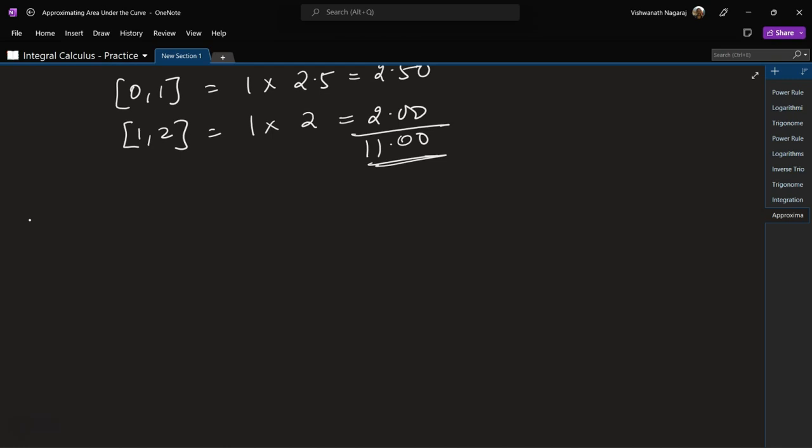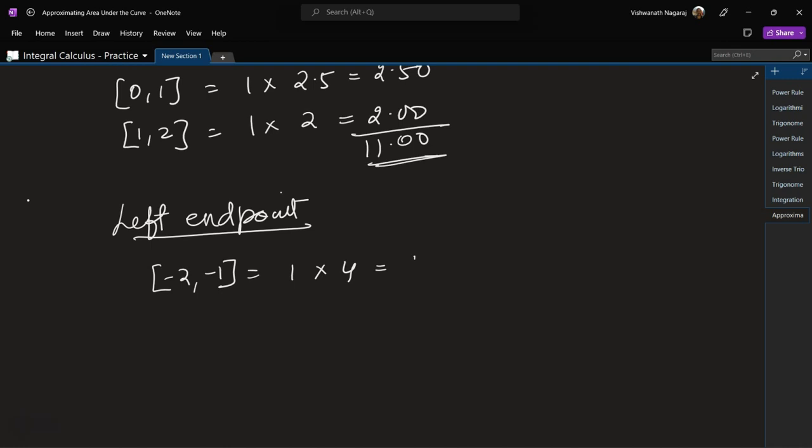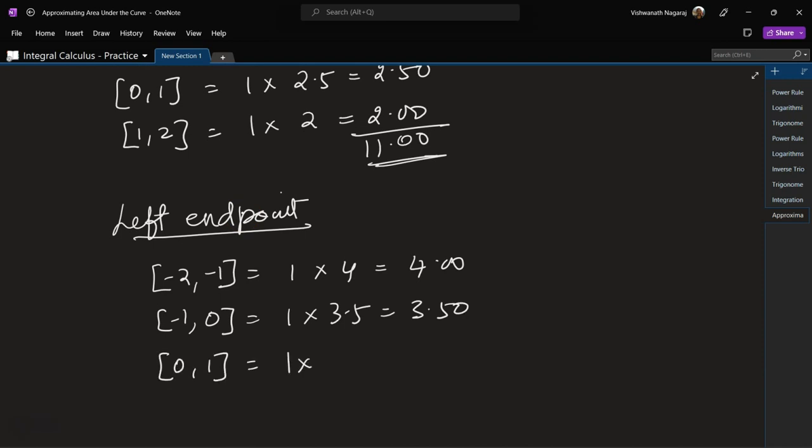So similarly, let's look at using the left endpoint method. Now here minus 2 to minus 1 will be 1 times 4, which is equal to 4.00. Minus 1 to 0 would be 1 times 3.5, which is 3.50. 0 to 1 will be 1 times 3, which is equal to 3.00.